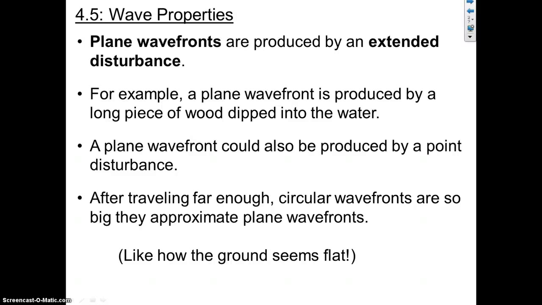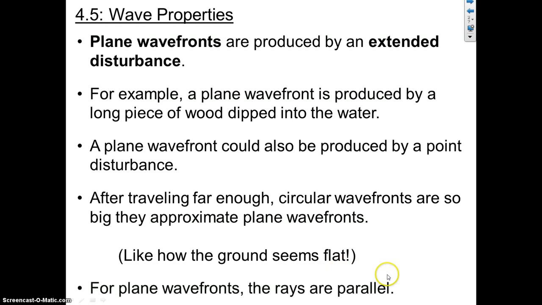This is no different from how the ground seems flat, even though it's actually curved. If there's enough separation from the source, the circular wavefront, even though it has a slight gentle arc to it, will seem flat, just like the ground.